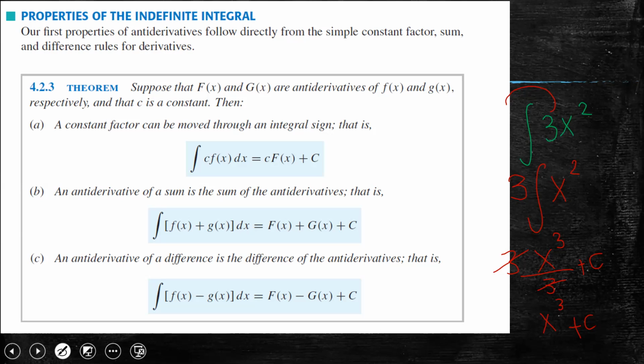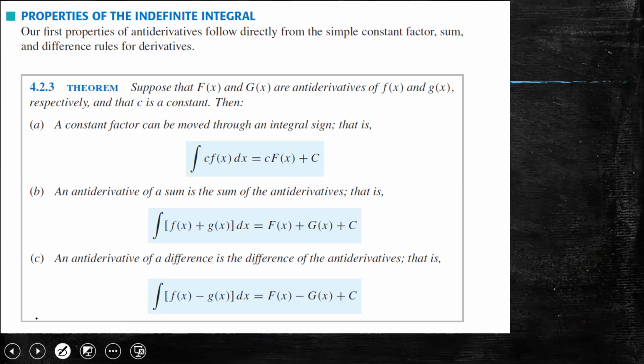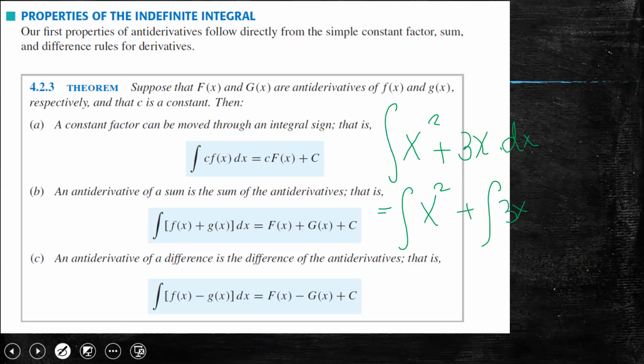That means like if you have x squared plus 3x, and I want to integrate it, here I can distribute the integral sign for x squared first and then for 3x. So I can distribute the integral sign for the two functions that are added.